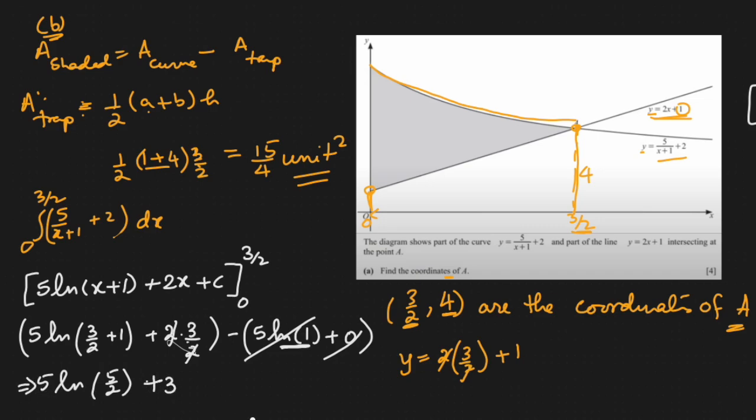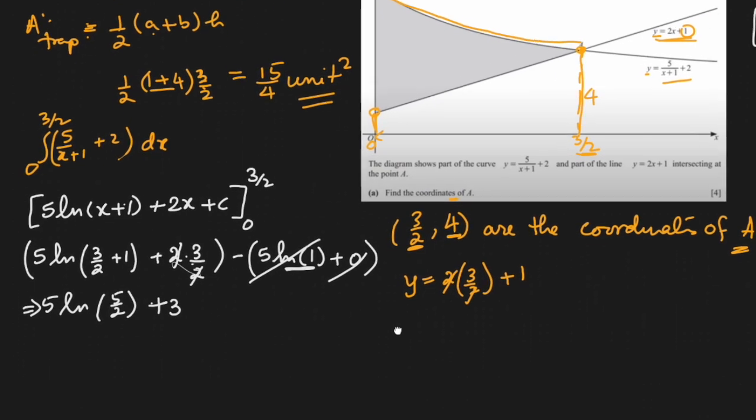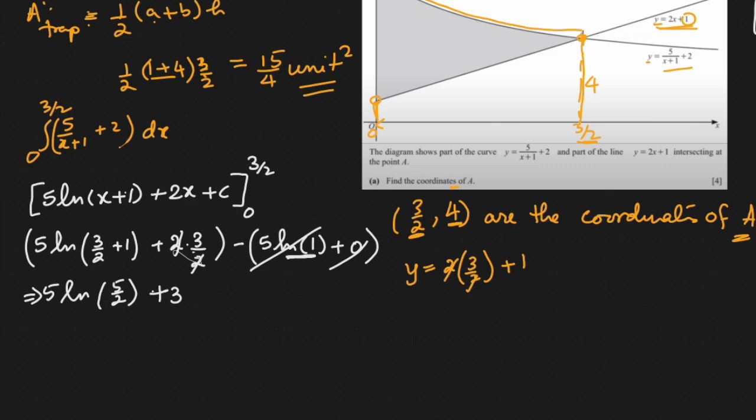Now, to find the area of the shaded region, what do we do? You got it right. The area of the shaded region will be 5 natural log of 5 over 2. This is what we decided, right?